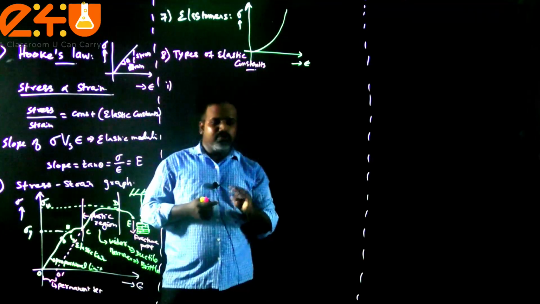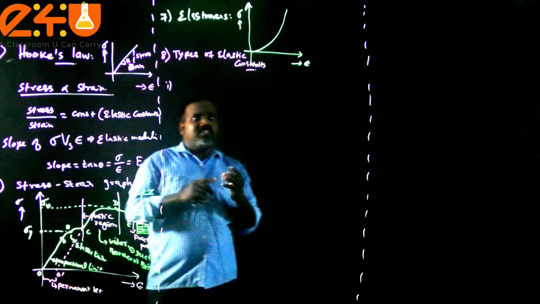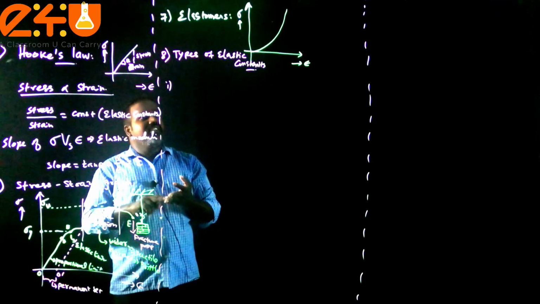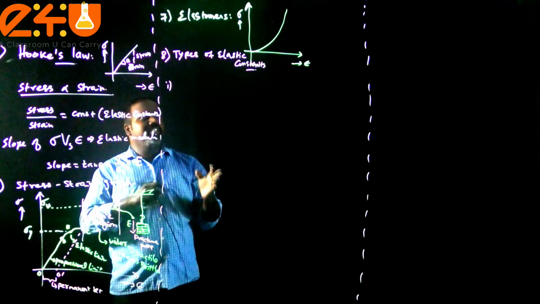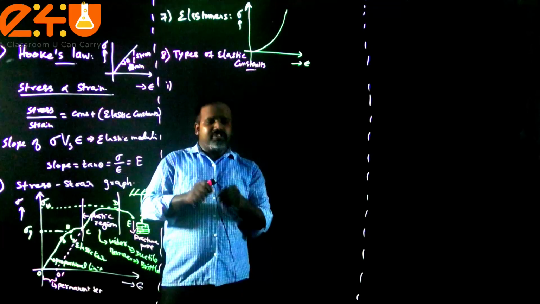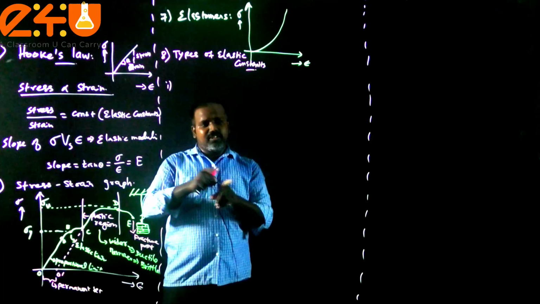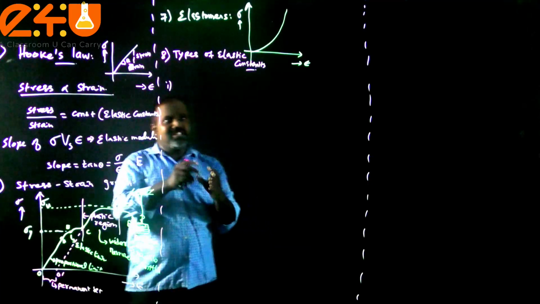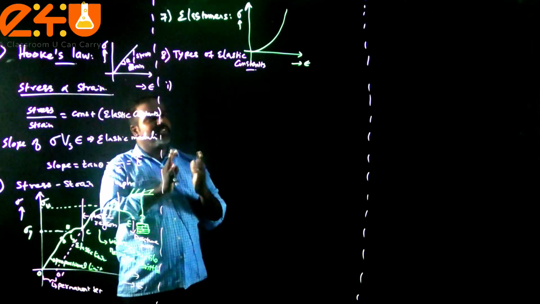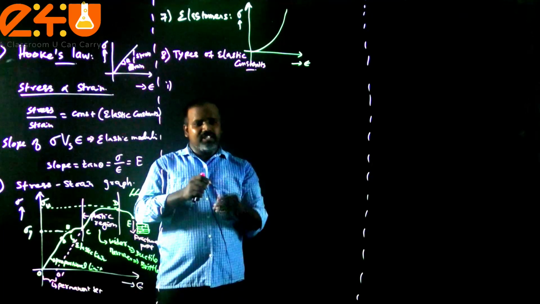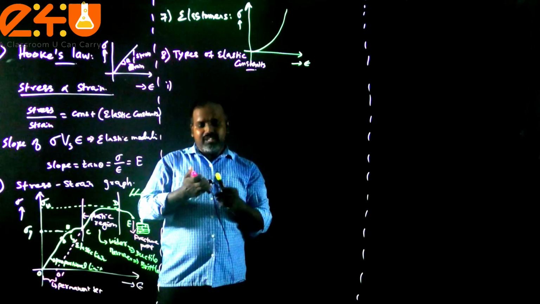Similarly, we studied three types of strain: longitudinal, shear or tangential, and volume strain. In the first case, longitudinal strain, there are two categories. In one case the length may increase; in another case the diameter or radius of the wire or cylindrical material can change. Based on that we said lateral strain and longitudinal strain.